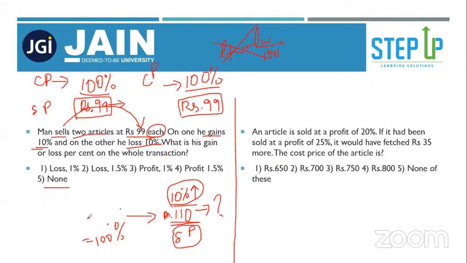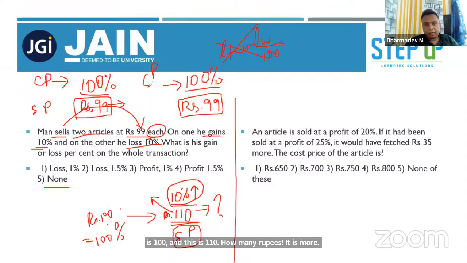Now, let's say that this is 100 rupees, this is 110. Then how many rupees is it more? If this is 100 and this is 110, how much is it more?